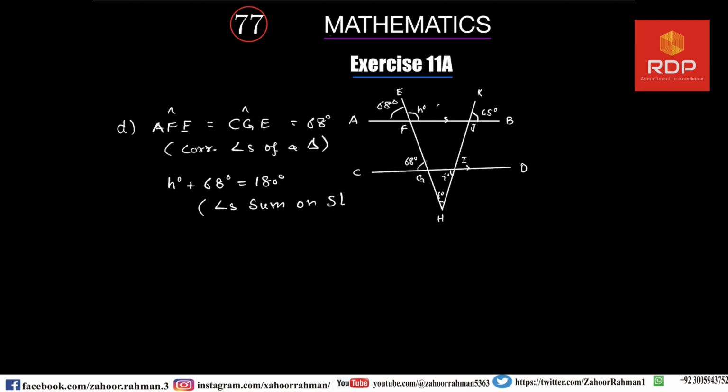So we are going to solve it. H degree is equal to 180 degree minus 68 degree, which is equal to 112 degree. So ladies and gentlemen, we found the value of this H.